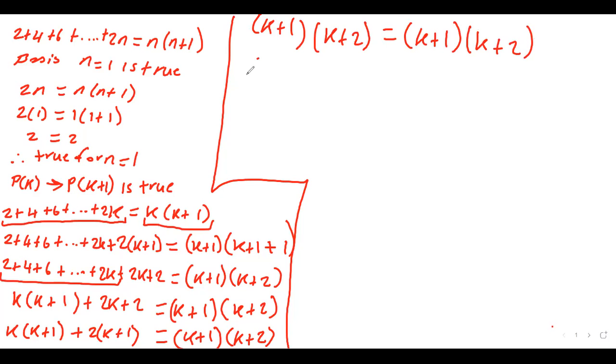So we can conclude that this is true for all natural numbers. Natural number is symbolized by a big N, capital N. All right, I don't want to spell out the word.